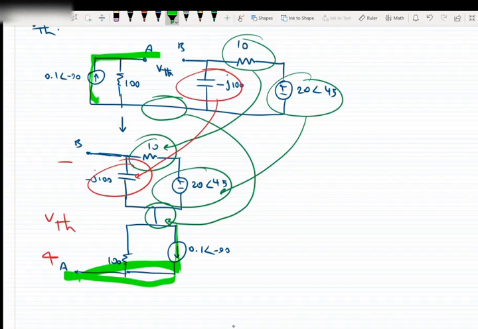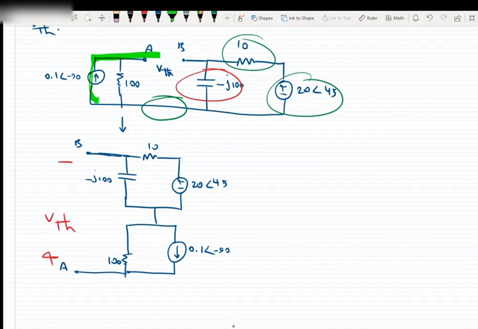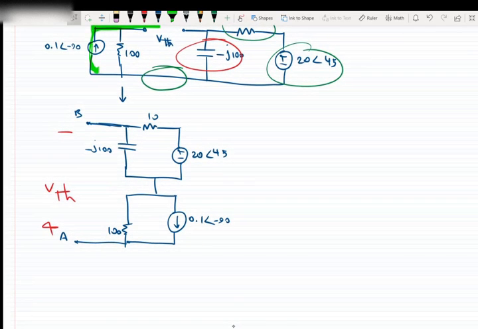Okay, so now that we reach this point, we need to find the voltage difference between point A and B. Let's write two KVLs. One KVL is here, we call it I1. One KVL is here, we call it I2.